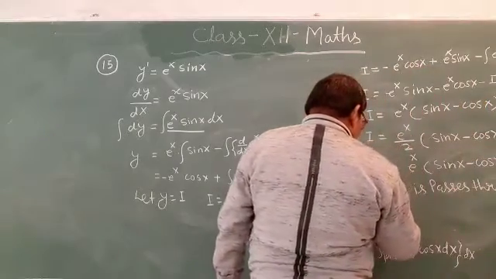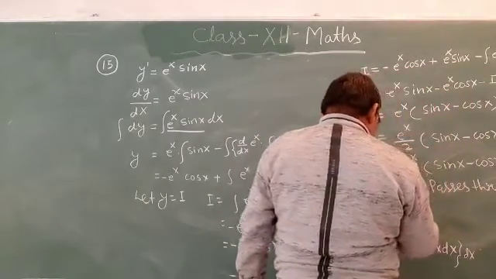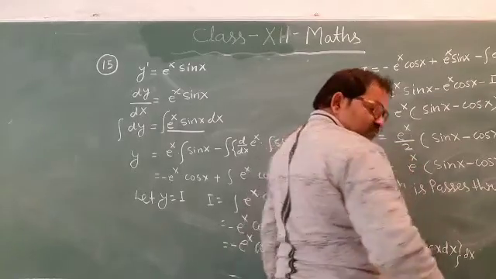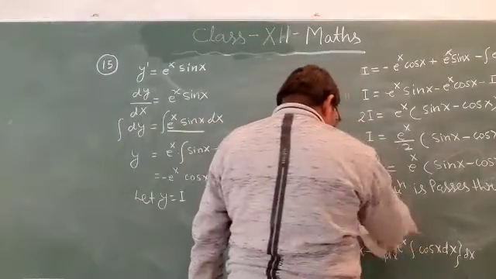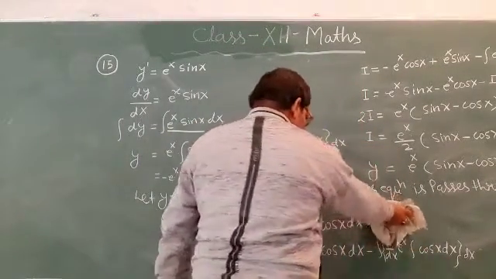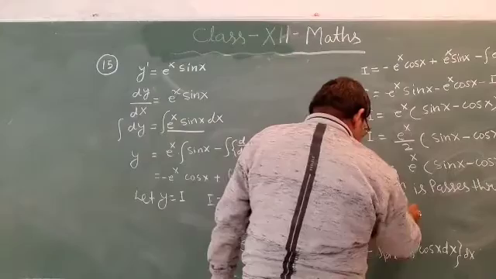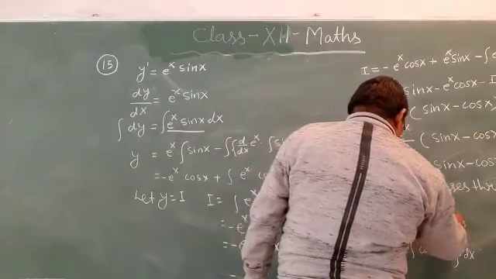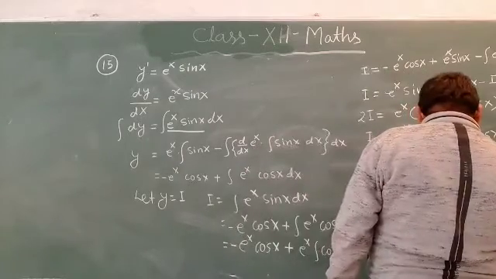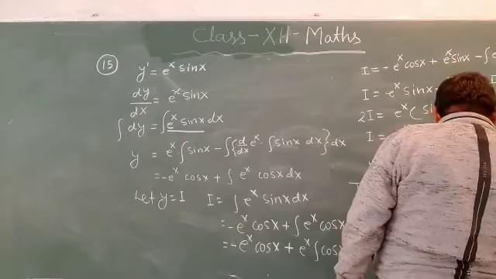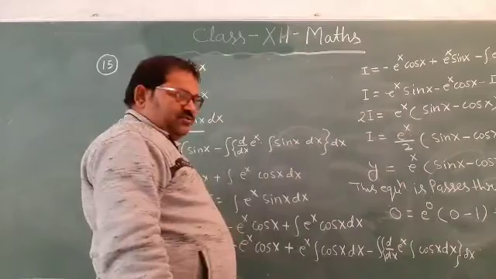So y equals 0 and x equals 0, giving 0 equals e^0 (sin 0 minus cos 0)/2, that is minus 1/2, plus c, and therefore c is equal to 1/2.